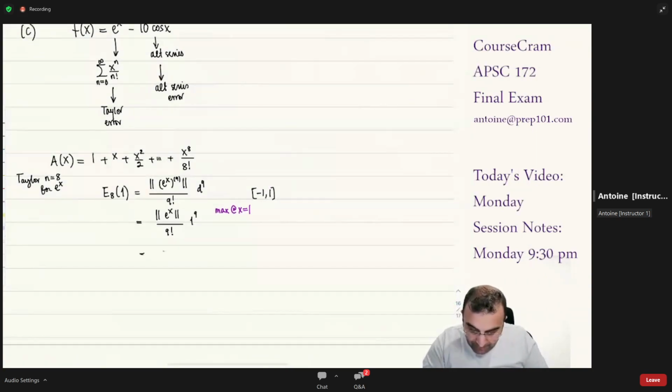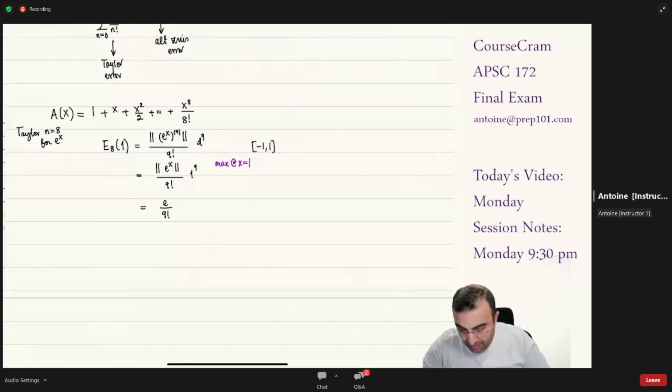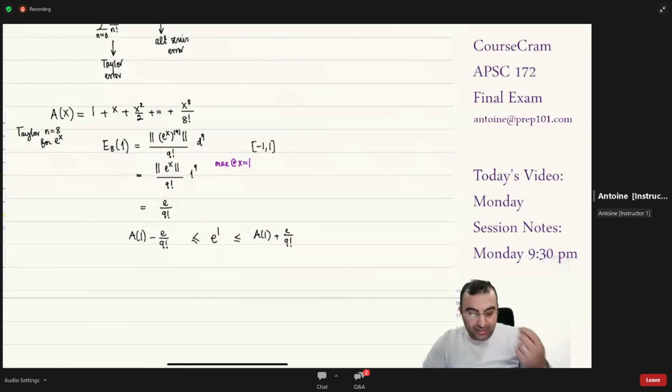So this is e over 9 factorial. So e to the power 1 is between A1 minus e over 9 factorial and A1 plus e over 9 factorial. Let me say this one more time slowly.